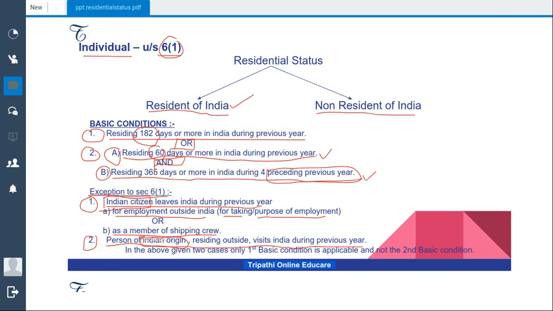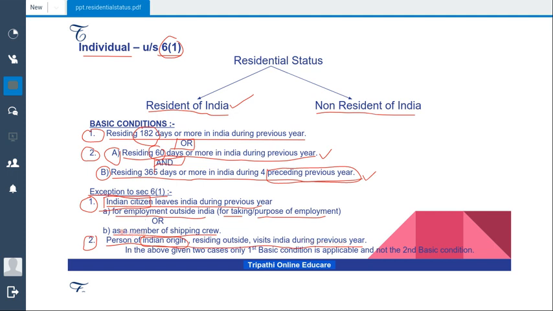Even if your parents are not born in India, you can still become a person of Indian origin, on the condition that either of your grandparents was born in India. So you are a person of Indian origin, residing outside, and you visit India during the previous year, then you are following an exception.